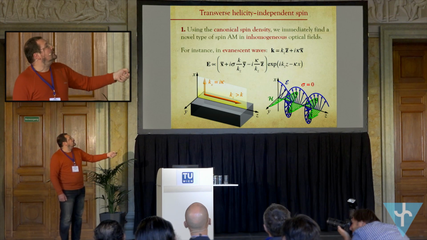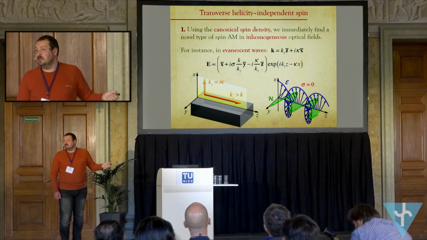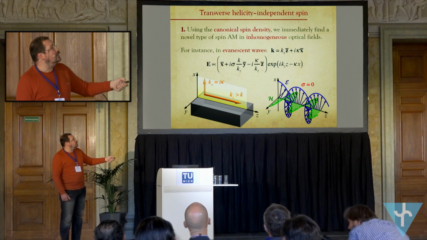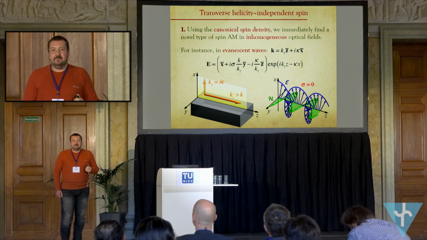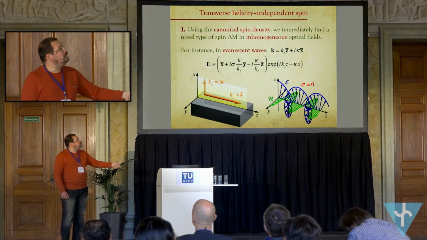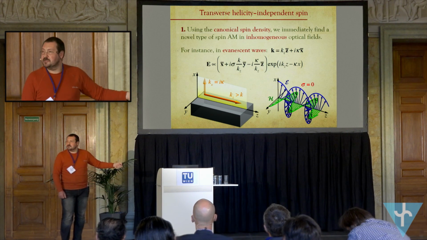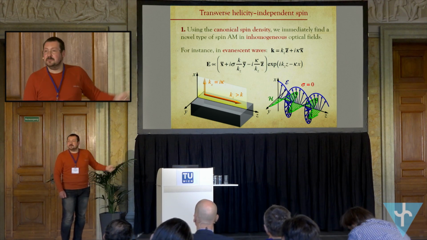And if we look at this electric field of such a wave, this is a solution of Maxwell equations in free space. It looks very unusual. Even for linearly polarized evanescent wave, without any helicity, helicity is zero, electric field experiences such an interesting rotation in the propagation plane. It follows cycloidal trajectory.